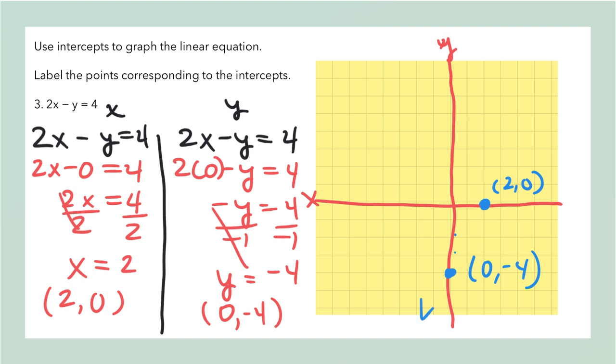And I'm going to do my line. And that is going to be my intercepts. The only difference is that now we were doing it in standard form. Okay, standard form.